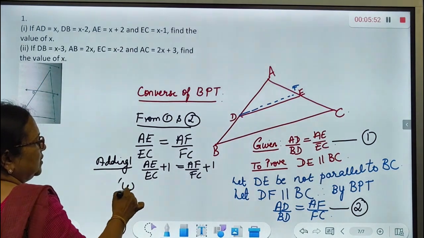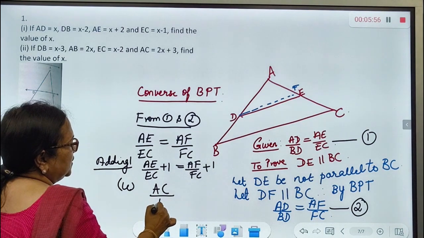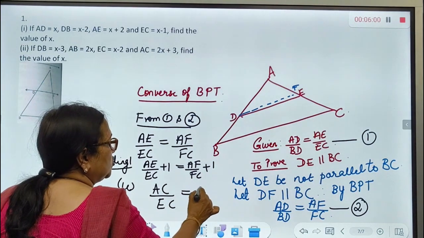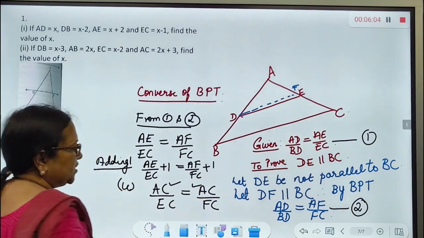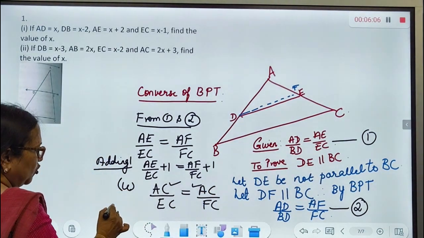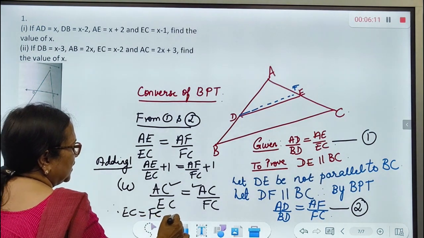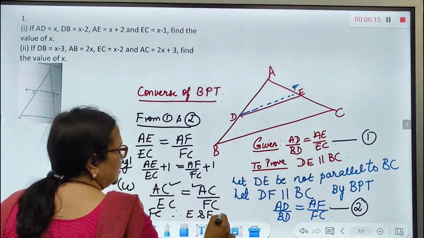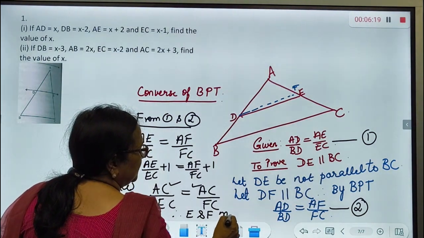That is, AE plus EC is what? AC. AC by EC. What is AF plus FC? That is also AC by FC. Now again the numerators are the same, therefore EC must be equal to FC. Therefore E and F must be the same point, must coincide.